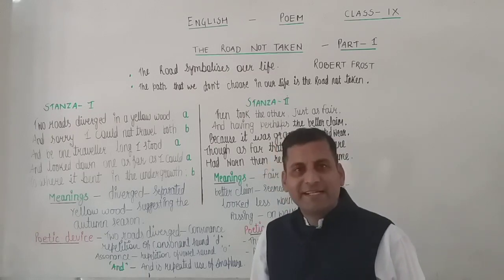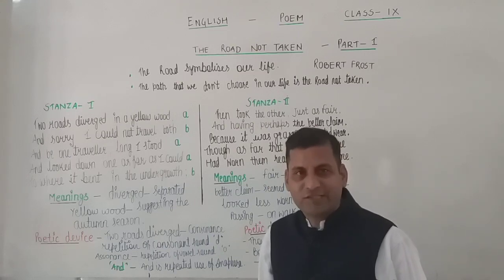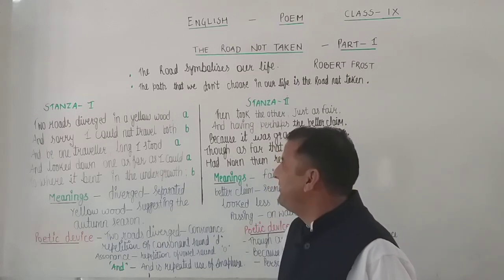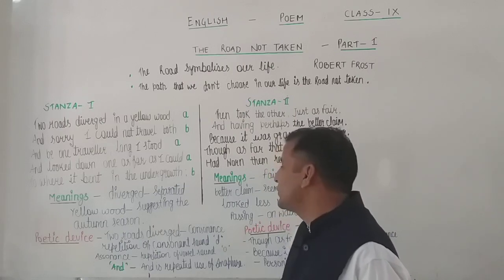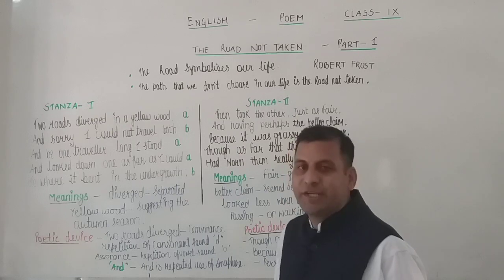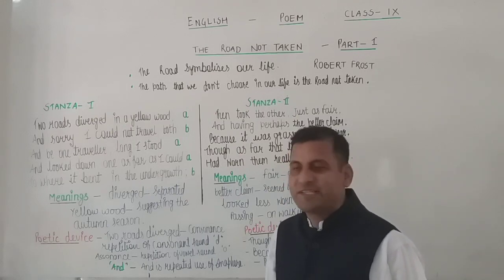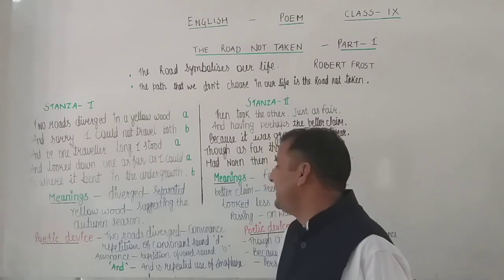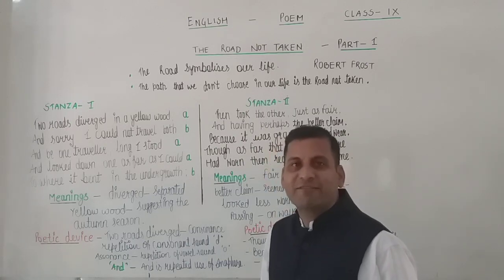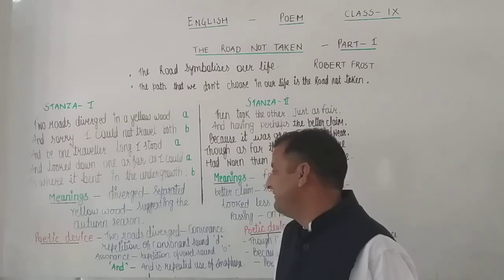Now students, let us discuss the poetic devices that are used here in this first stanza. Students, when we read two roads diverged in a yellow wood, here consonance is used. Repetition of the consonant sound D, here it is repeated, so that's why it is called the poetic device consonance.